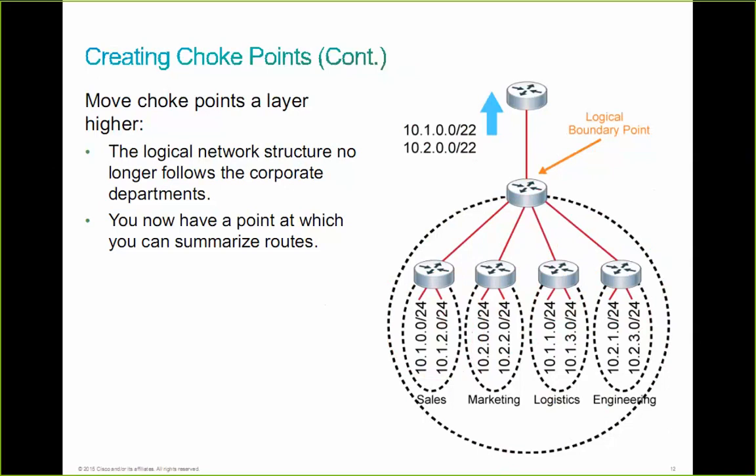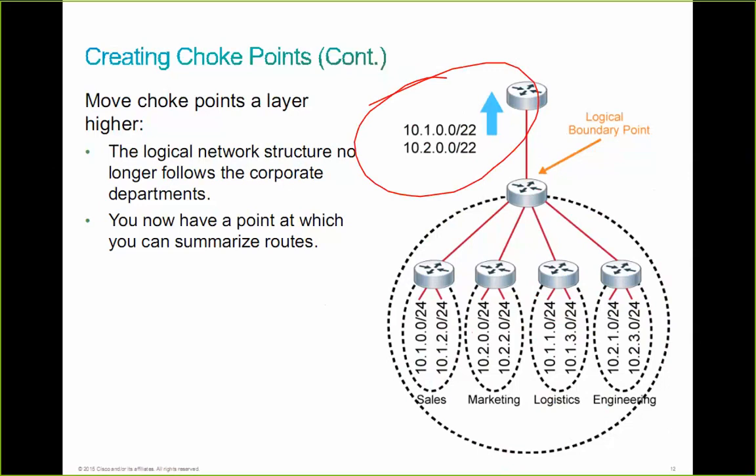In this case, we technically have contiguous address space, because we can simply summarize 10.1, well, technically 10.0.0.0 with a slash what? What would we do in this case? They said a 10.1.0.0/22 and a 10.2.0.0/22.